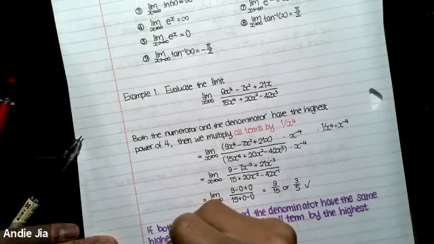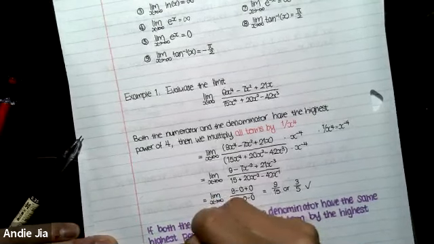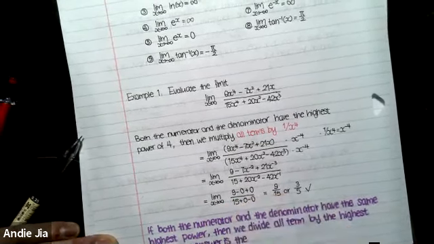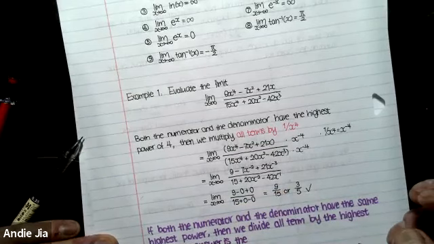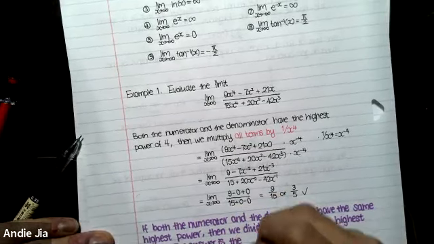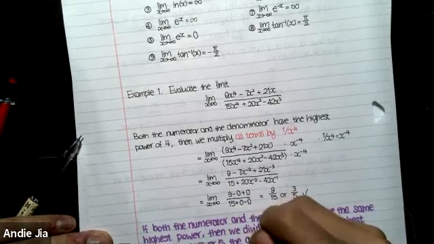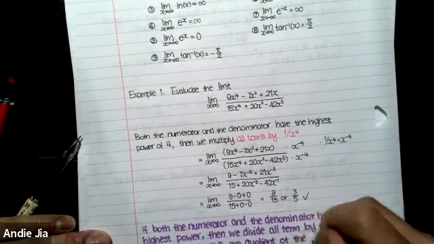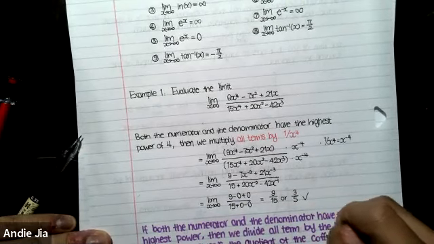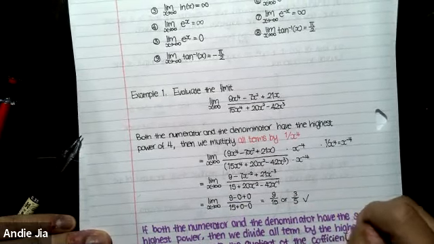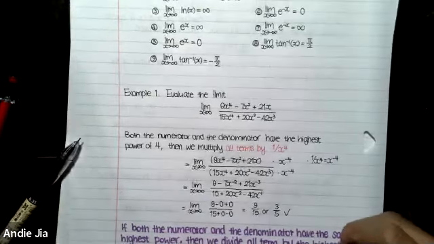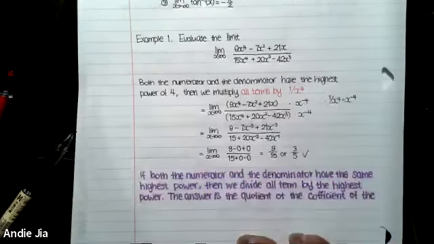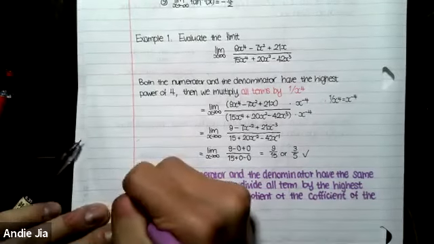The answer is the quotient of the coefficient of the term with the highest power.